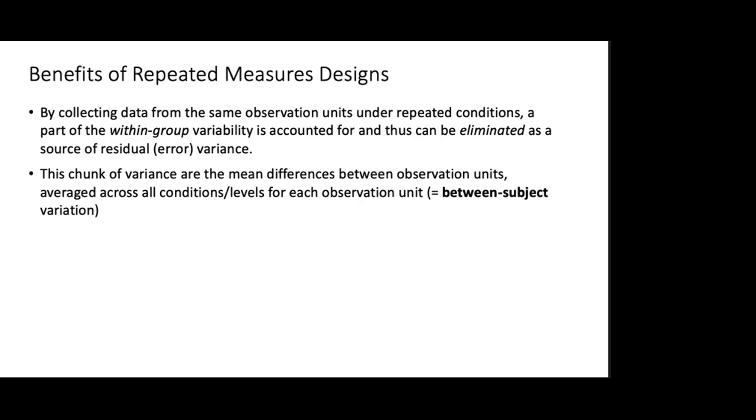Because we are observing the same subjects across multiple conditions, we can estimate the baseline differences between our subjects, and then we can kick them out and say, well, we are not interested in that. We are only interested in the variation across our conditions, right?